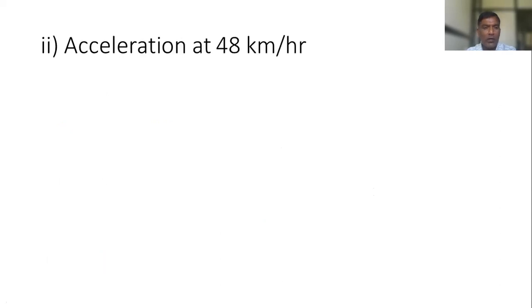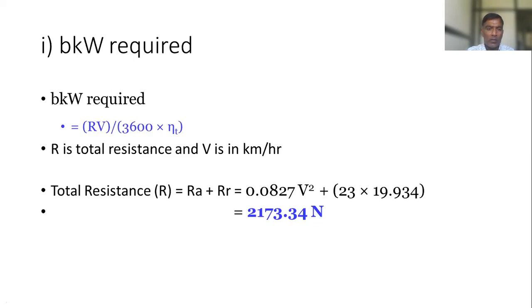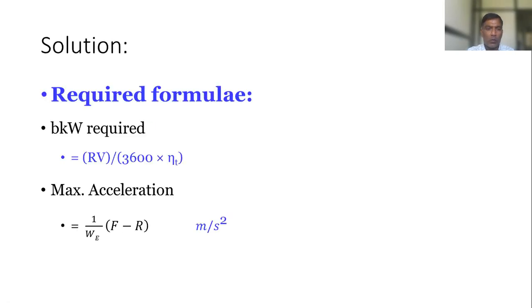Then we need to find out acceleration at 48 kilometers per hour. So next line you can write acceleration at 48 kilometers per hour. For that, just you can see this formula. What is required? This F, this R, and this WE is required.